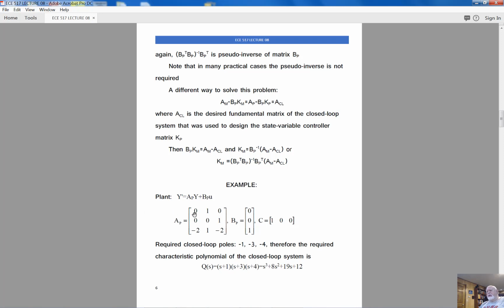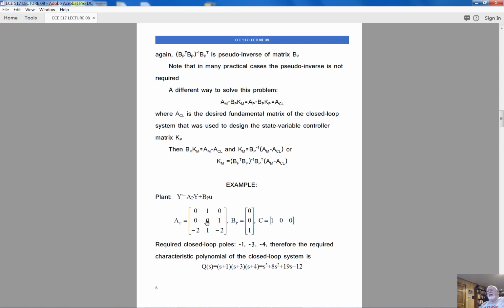If you would take a look at this matrix AP, you would realize that its eigenvalues not necessarily all in the left-hand side of the complex plane. As a matter of fact, this control plant with this matrix AP is unstable. We don't want it to be unstable.